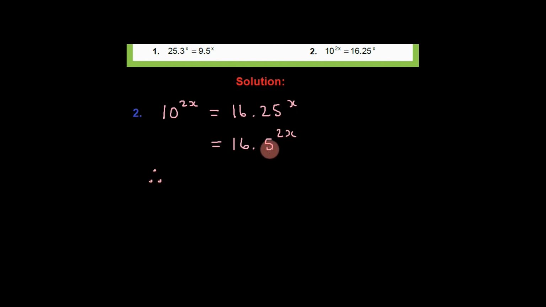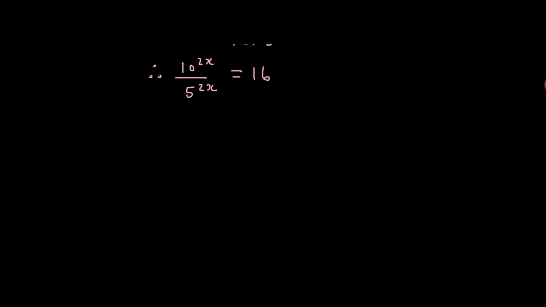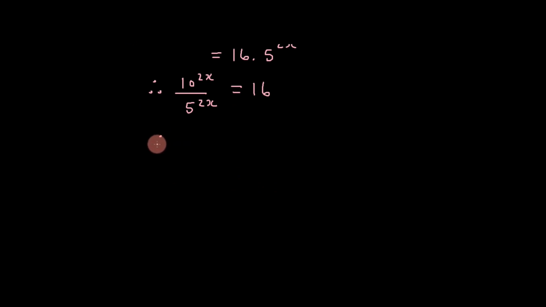Now we can divide the 5 to the 2x into the left-hand side. Then for the left-hand side, we're going to have 10 over 5 all to the 2x. And 10 divided by 5, of course, is 2.